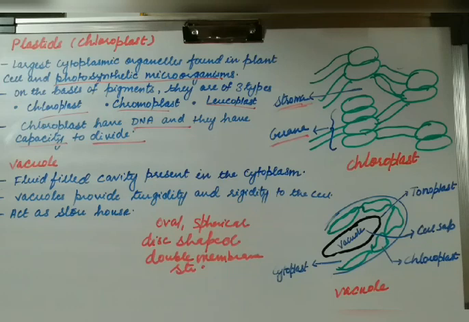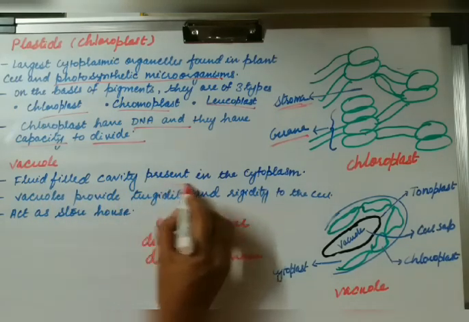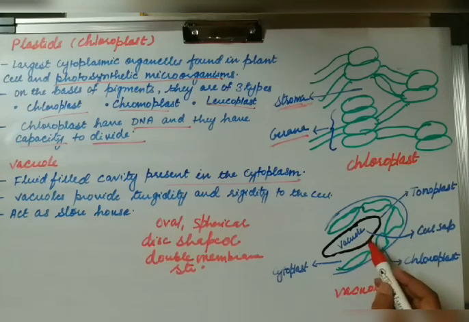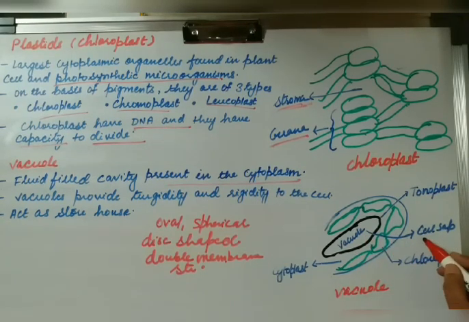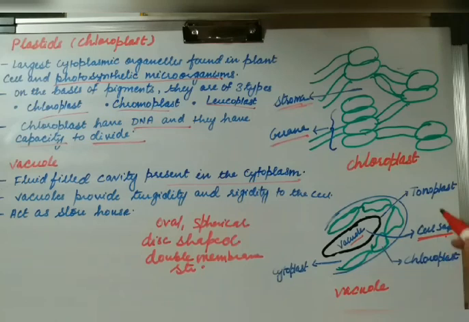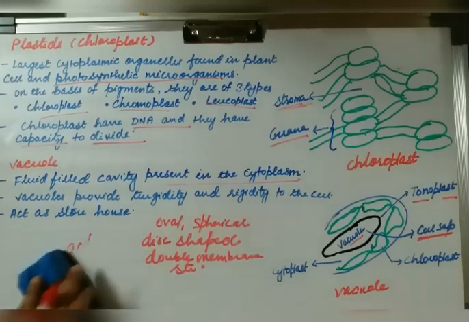They are the most important organelle of the plant cell. The last organelle is our vacuole. They are fluid filled cavities present in the cytoplasm. The watery fluid of the vacuole is known as cell sap, and they are surrounded by a single membrane known as the tonoplast.